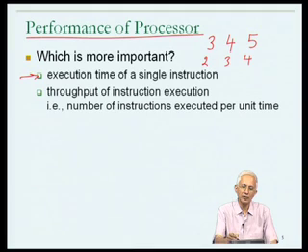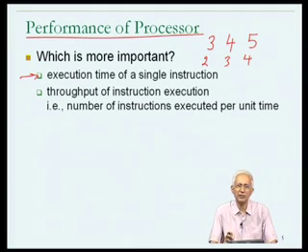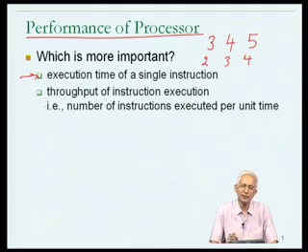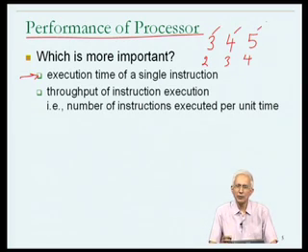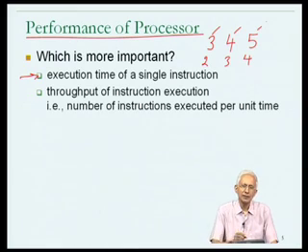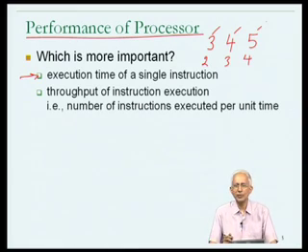The first objective would try to reduce the times by very, very aggressive design possibly. Whereas the objective in the second is saying, don't worry too much about the individual instruction execution time, but try to improve the rate at which instructions execute, which is an interesting concept. It's not too clear at this point how that could be done. But if you think about it a little bit, let's assume that our objective is to make our programs run as fast as possible. That's the ultimate bottom line.